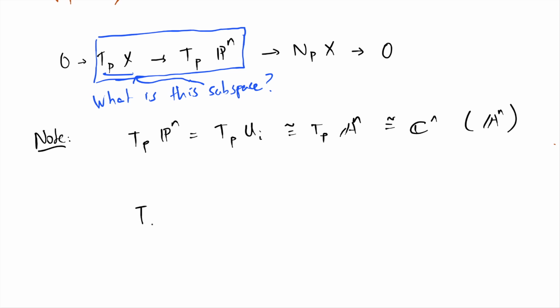And there I might want to look at some representative of P tilde in C^(n+1). So P maybe was something like [a_0 : ... : a_n], and then P tilde is (a_0, ..., a_n). Of course, I could choose any representative, so I could scale P tilde by any non-zero number, and that's also fine.